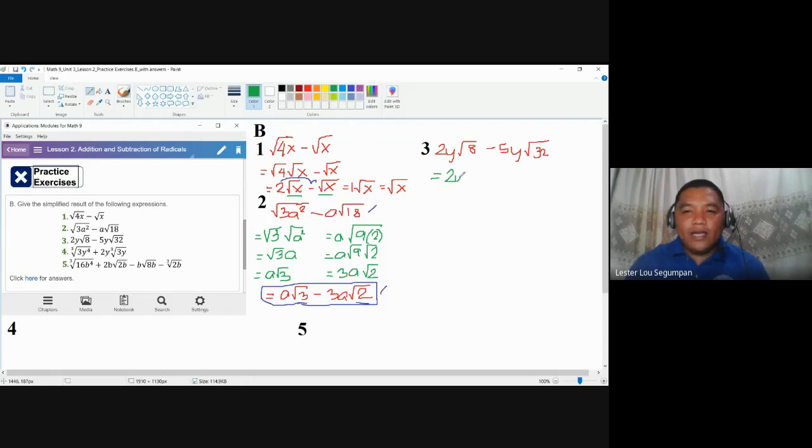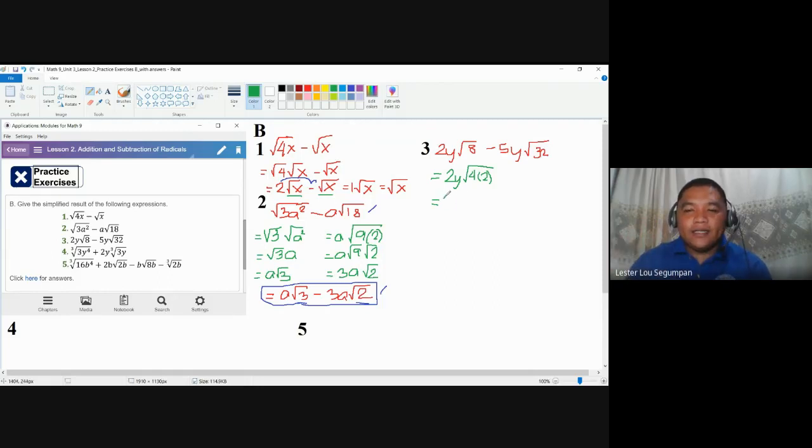You have 2y square root of 8, which is 4 times 2. We are separating the two of them so that there would be no misconceptions as to where should I look first, where should I look next. Let's focus on one term at a time.